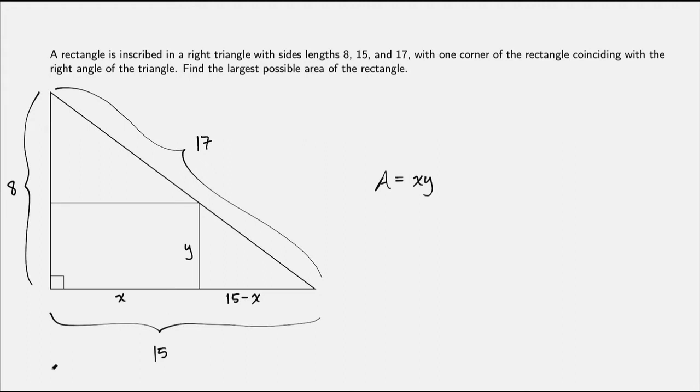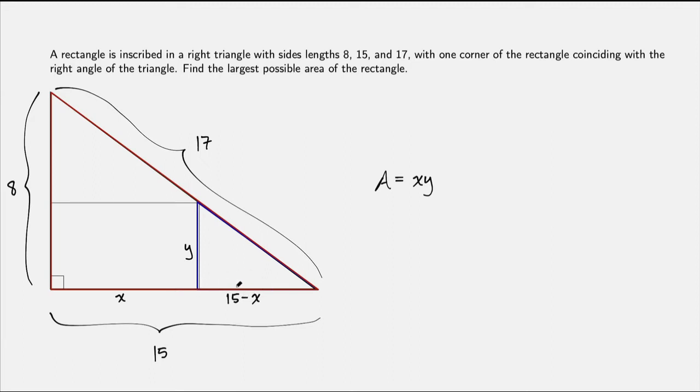So considering some triangles here, here's a right triangle right here. And that triangle right there is similar to this larger triangle here. We're going to consider those two, and set up a proportion using similar triangles in order to find that relationship between x and y.